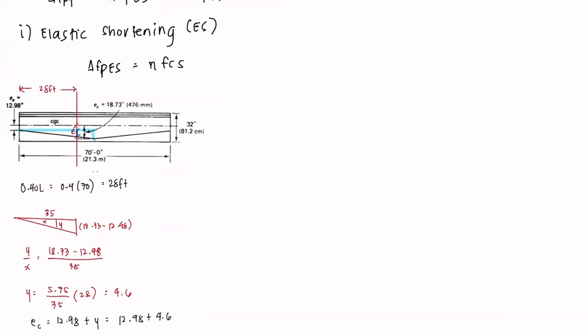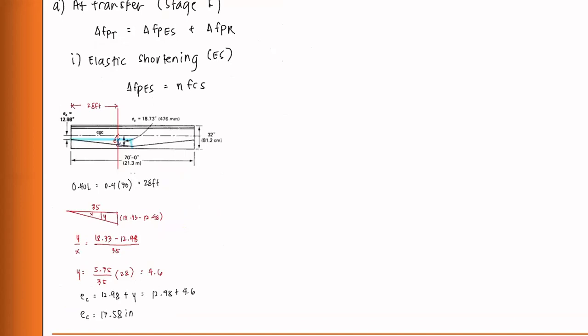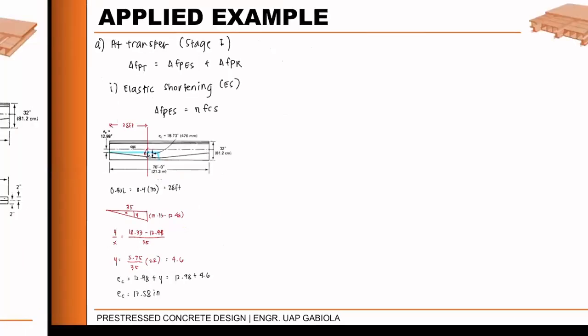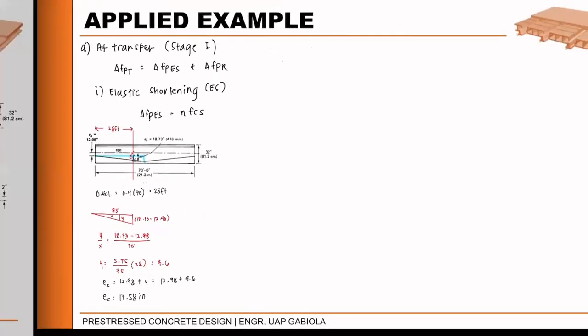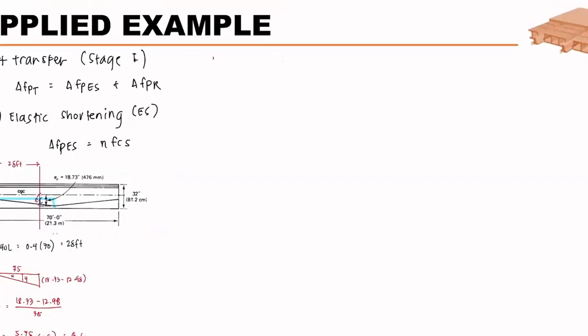Next, kung calculate natin yung FCS niya, si FCS niya is due to pre-stressing natin. So negative P over A yan. Lalagyan ko lang ng section. Ito yung ating section.